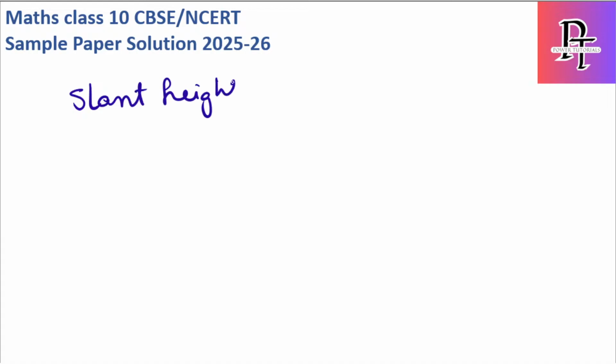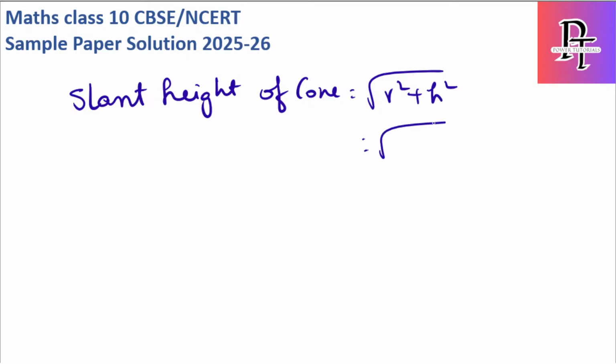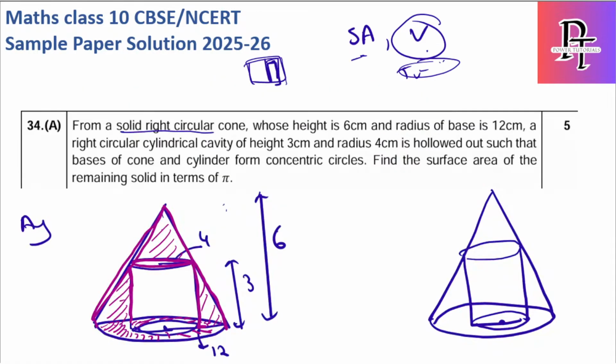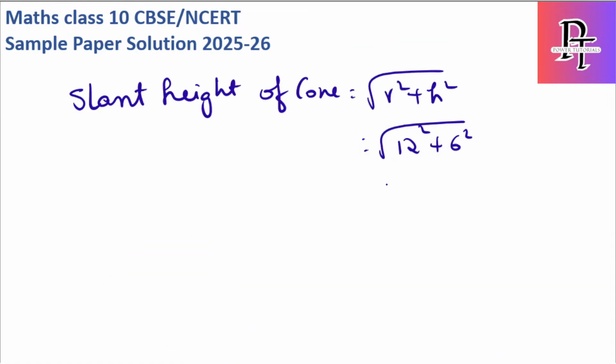Slant height of cone is nothing but root of r square plus h square. What is radius? They provided 12. H they provided as 6. So which is 144 plus 36, which is root of 180.